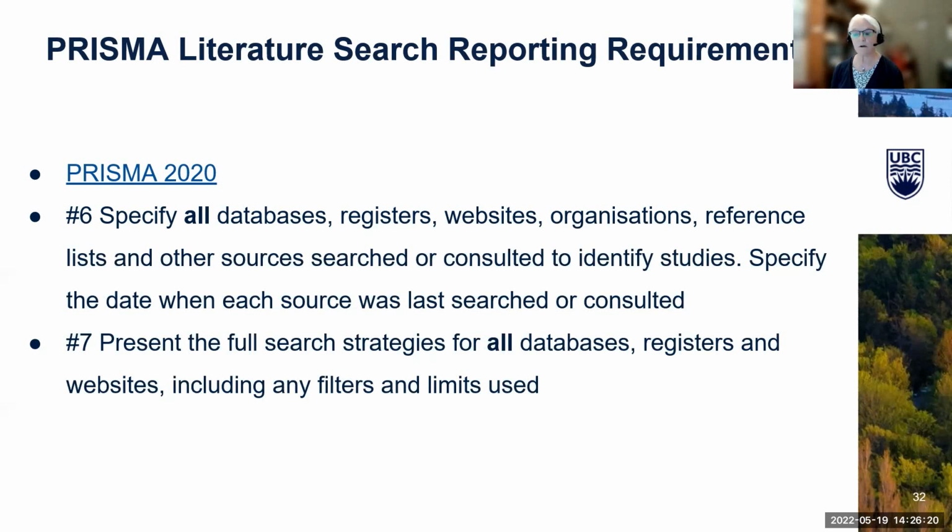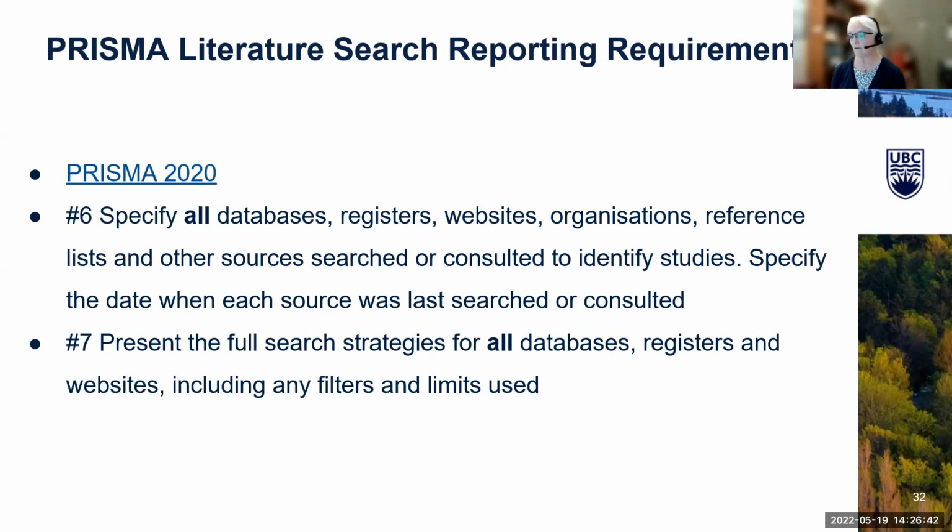And the two elements on this page that refer to that are number 6, where they wish all databases, registers, websites, organizations, reference lists, and other sources that were searched or consulted to be identified, and that the date is specified when each source was last searched.